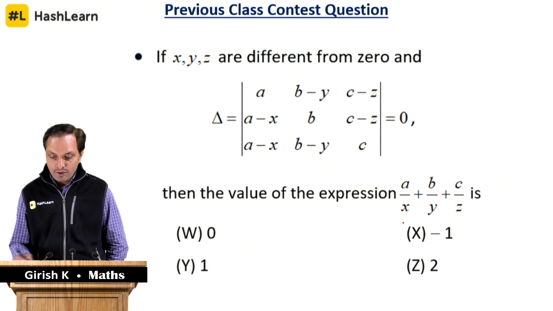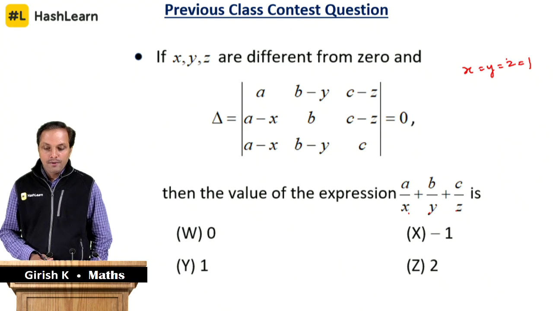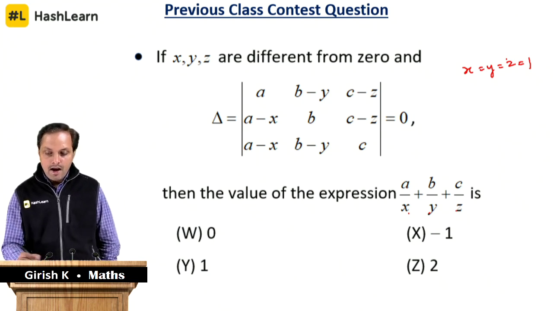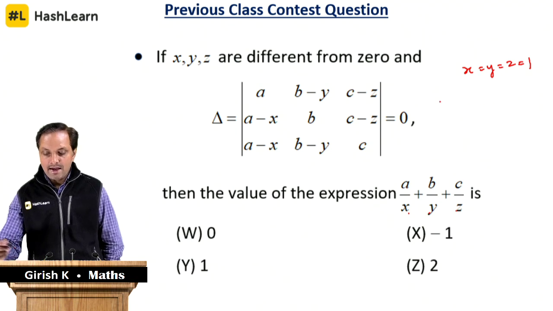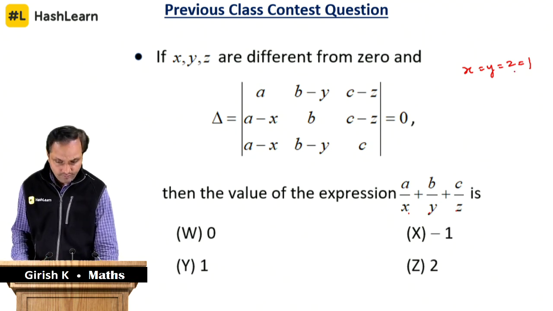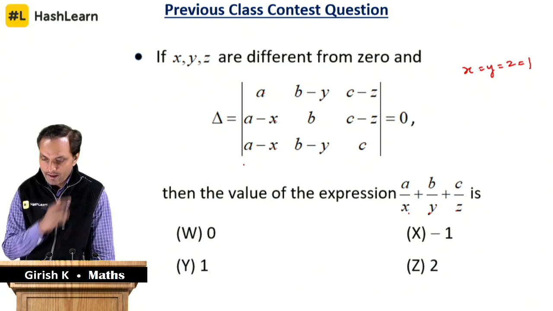Suppose you take the x value, y value, z value as 1. So if you take x, y, z as 1 and the values of A, B, C as something else, then what happens?